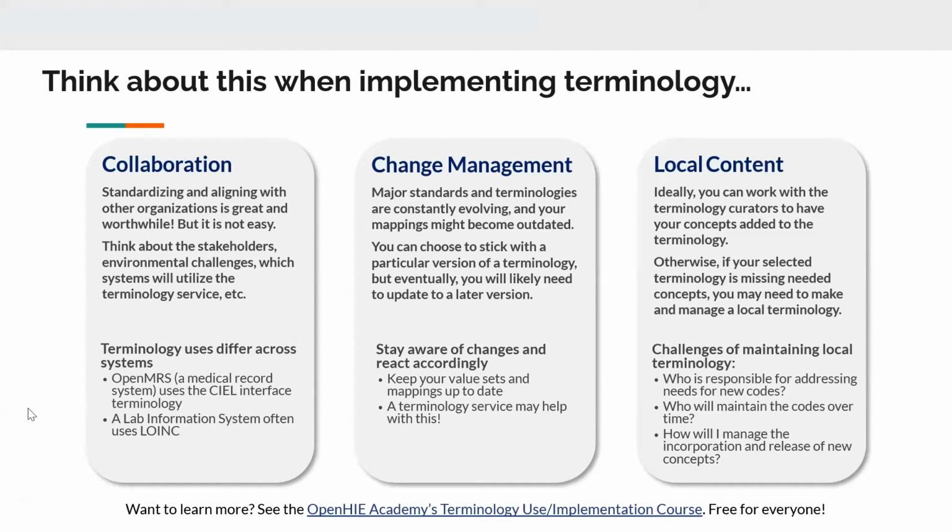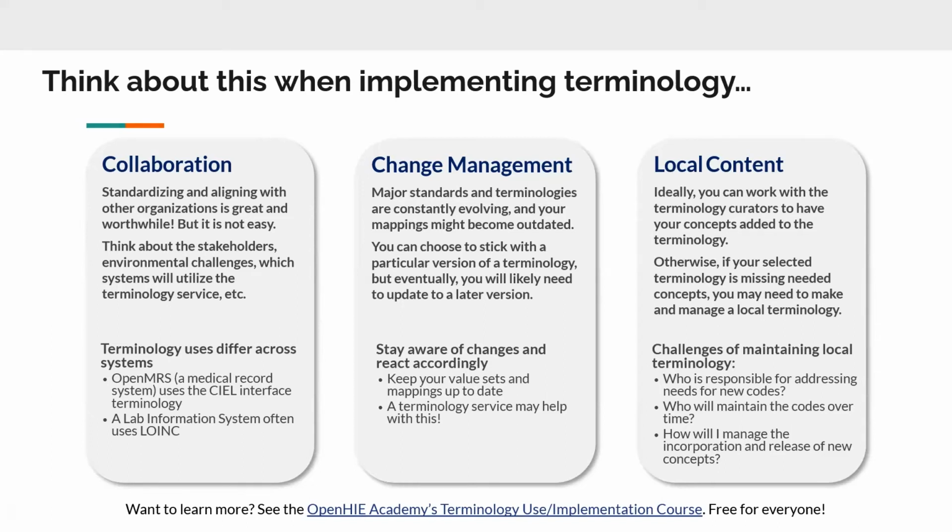So when you are implementing terminology, of course, collaboration is something that you might have in mind when you want to standardize and align with other organizations. And that part is great, but it's also not easy. You are often having to think about what stakeholders are involved, what environmental challenges might be there, and which systems would utilize the terminology service.